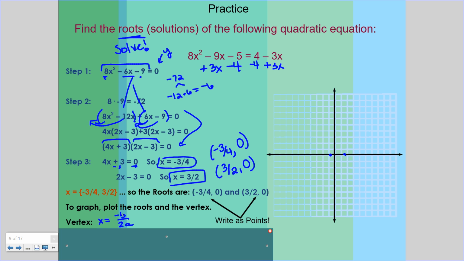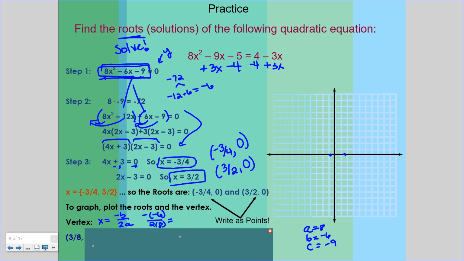So you pull b and a from the point where it's in standard form, meaning it's set equal to 0. So a is 8, b is negative 6, and c is negative 9. Only when we've set it equal to 0 can we determine what a, b, and c are, because that's when it's in standard form. So for this vertex, we will then find x. Sorry, I've just revealed it, but negative b over 2a is negative 6.